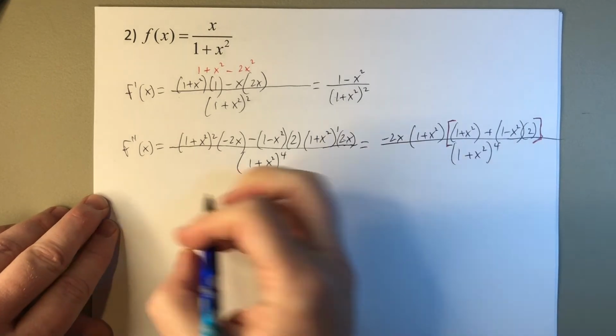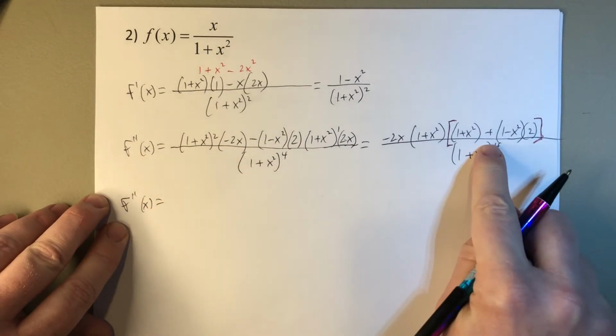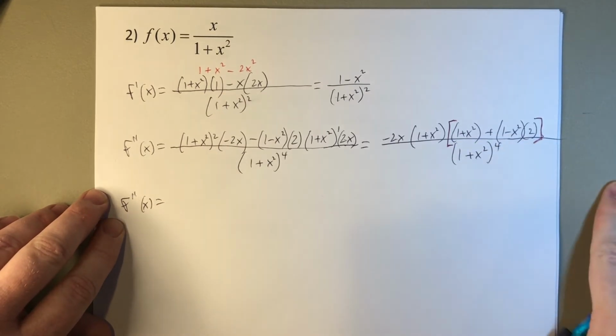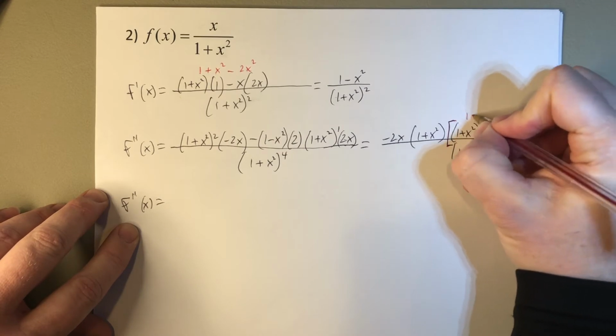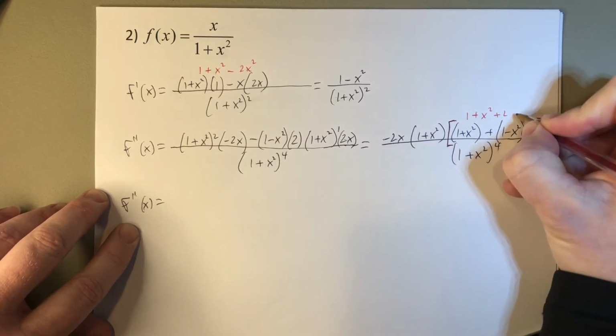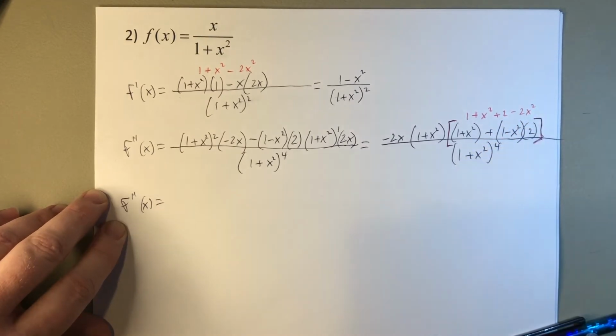All right, let's finish the simplification by looking at what's inside the brackets here. So what's inside the brackets would be 1 plus x squared plus 2 minus 2x squared.